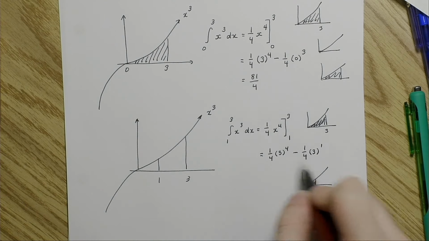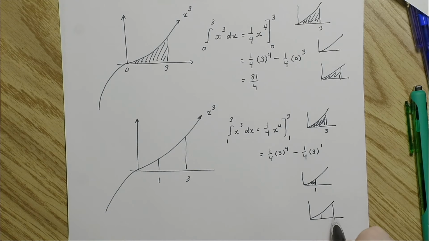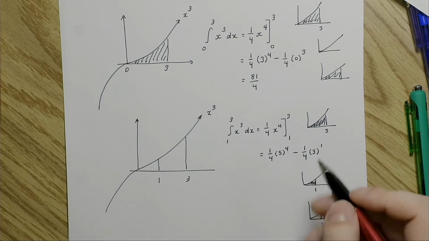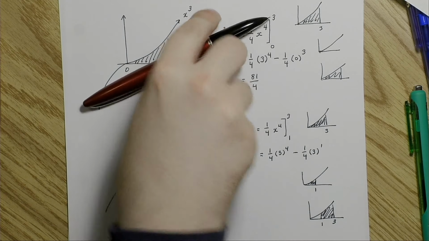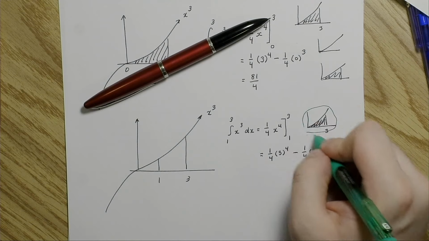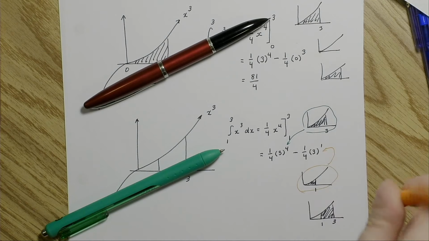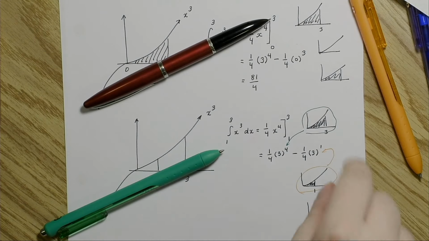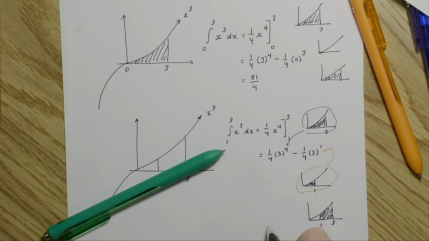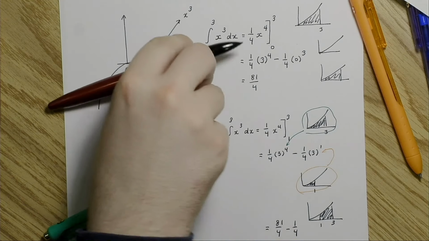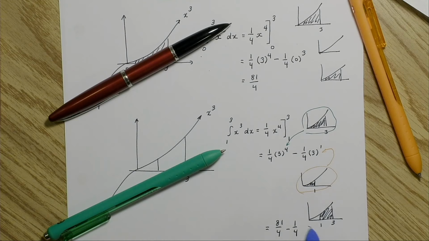The final answer should give me the area between 1 and 3. So I have 81 over 4 minus 1/4, so it's 80 over 4.